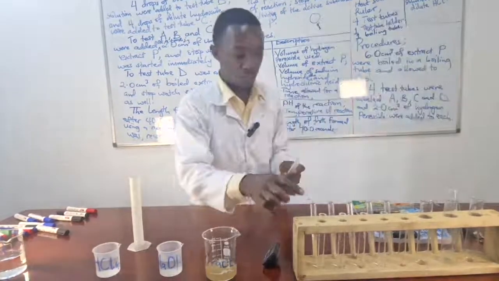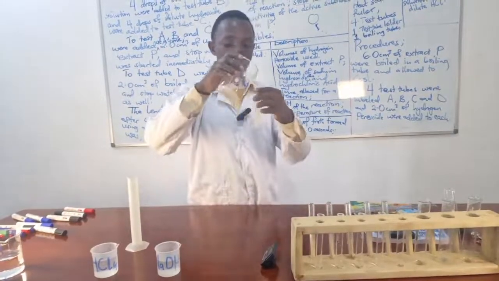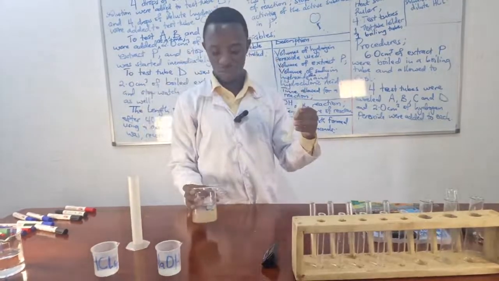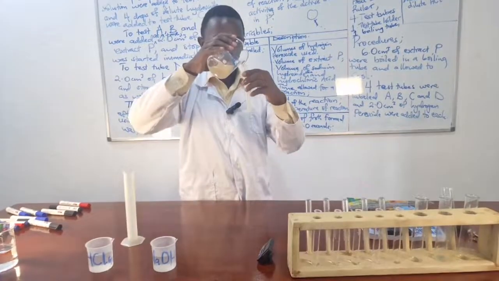So we are going to start with test tube A, where we added only hydrogen peroxide. We didn't vary the condition. I'm now measuring 2 cubic centimeters of the extract.